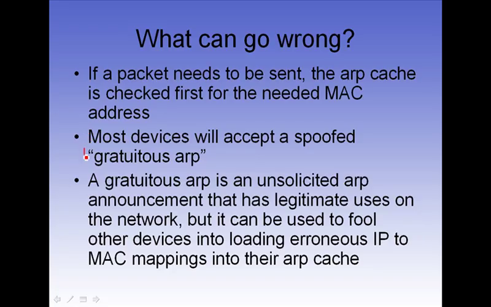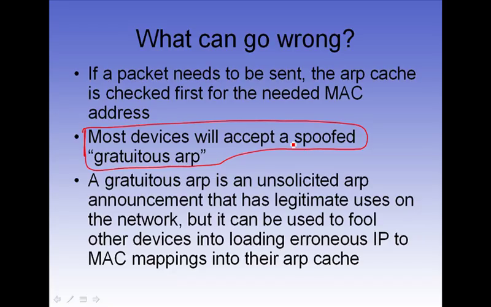Most devices are written to where they will accept something called a gratuitous ARP. Now, a gratuitous ARP is an unsolicited ARP announcement, and it has legitimate uses on the network, but it can be used to fool other devices into loading erroneous IP to MAC mappings into their ARP cache.